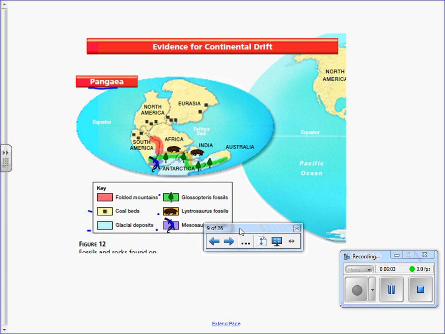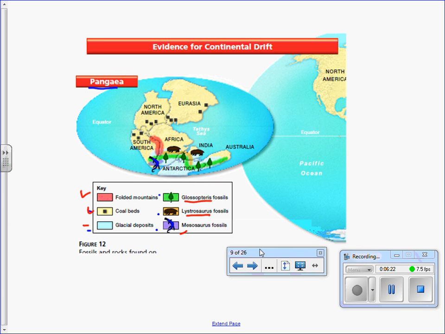So even though he had evidence like, this is from the textbook here, here's some mountains, here's coal beds, which is a fossil, glacial deposits, this is a fossil of a particular plant, fossil of a particular animal, and another lizard animal thing. And so all this stuff matched up. But he had two huge things working against him.